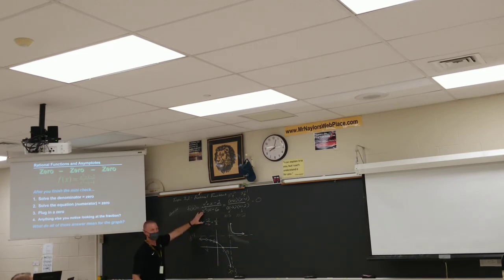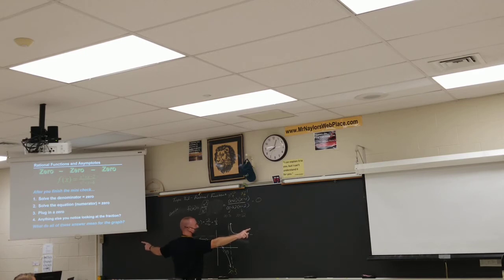Well, the denominator's highest exponent is also x squared. And the bottom line is that these parts of the fraction will dominate what the graph does as numbers get really big. To say it another way, I could just focus on x squared over x squared, and I could understand what's going to happen, again, far left and far right.